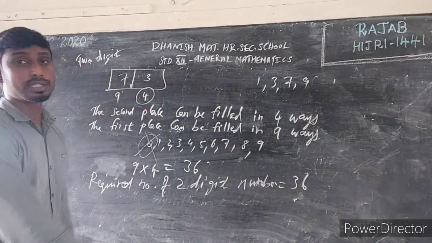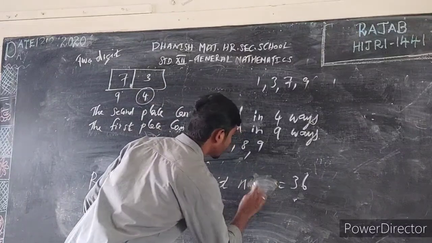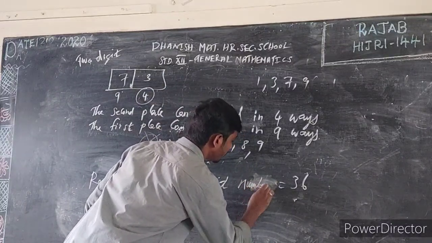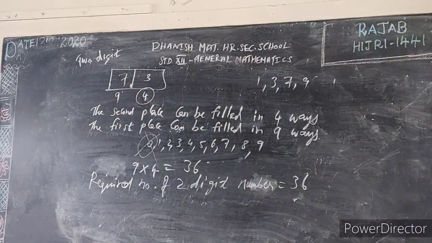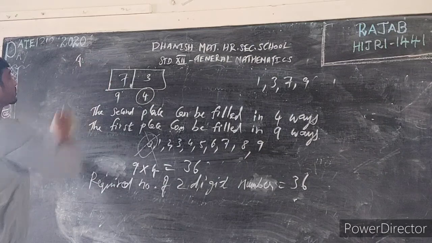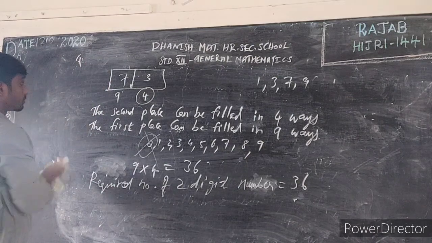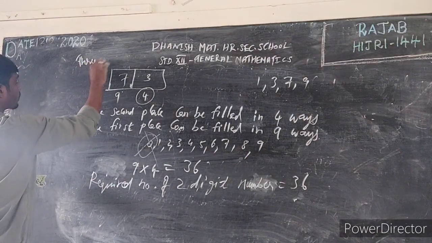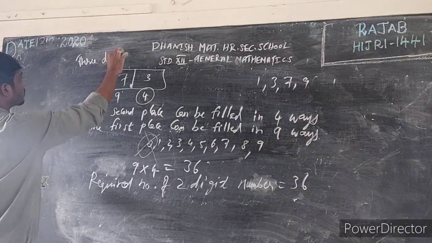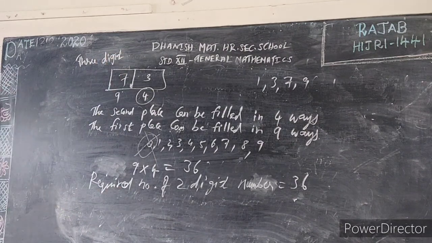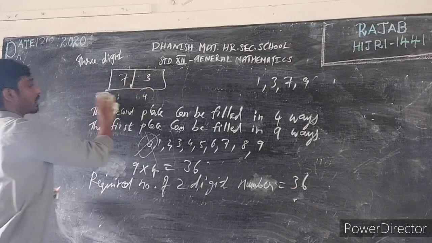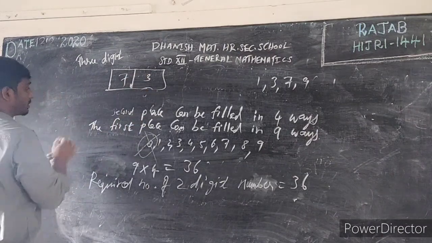Now let me find out the 3 digit numbers. For the 3 digit numbers, we have to draw one more table.